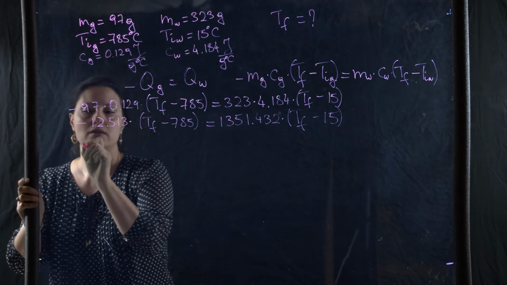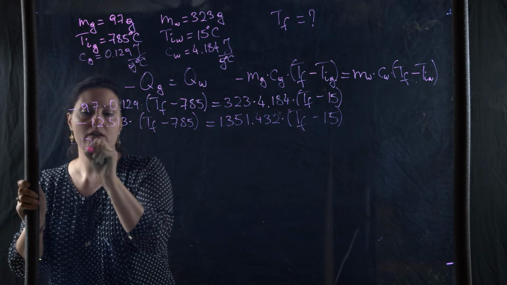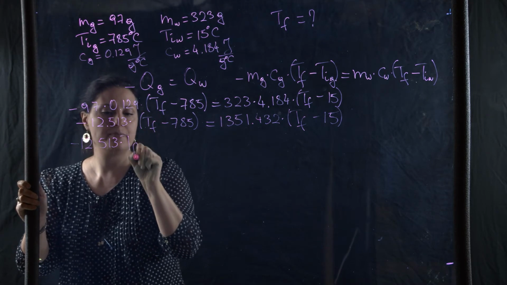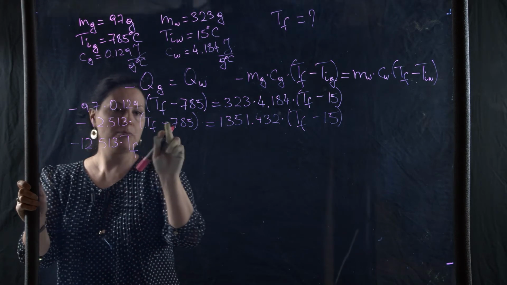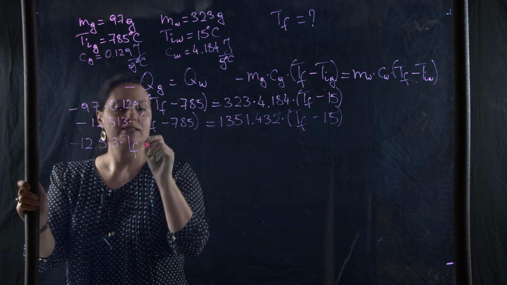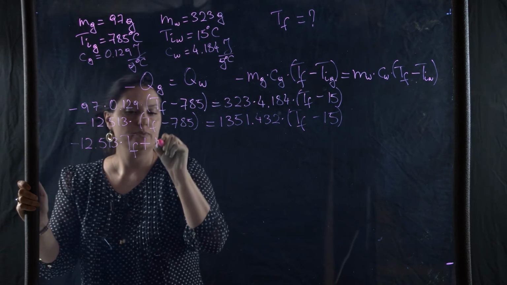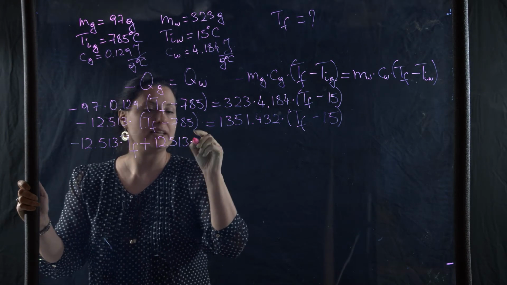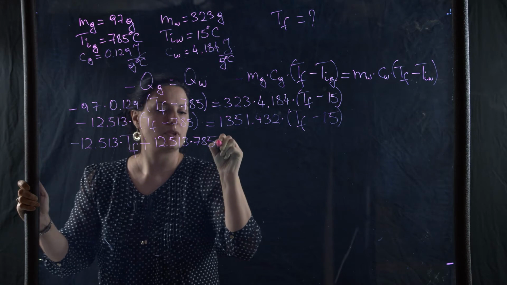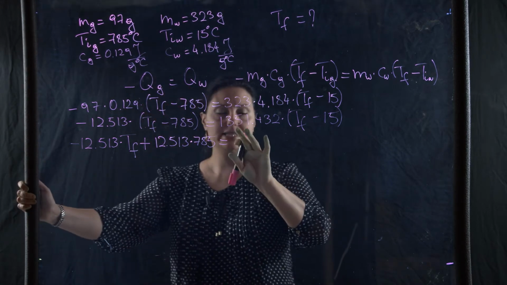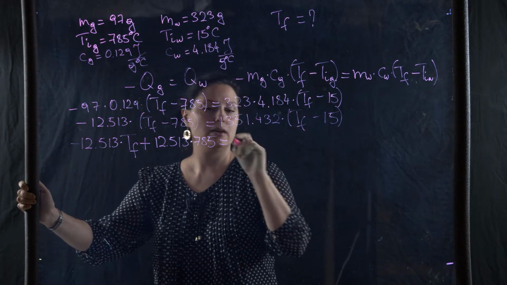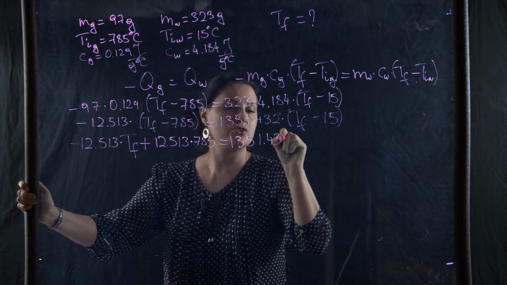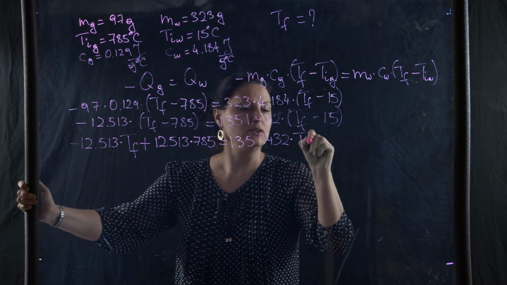So let's do that. Minus 12.513 times TF. Now I'm multiplying a negative number by a negative number, so that's a positive, plus 12.513 times 785 is equal to, I take this number, I multiply it by each one of them. So 1351.432 times T final.